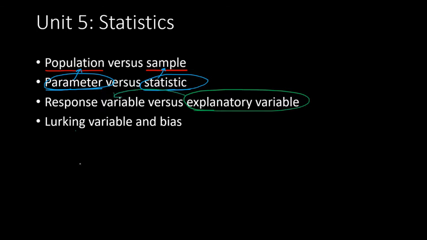Now there could also be lurking variables and bias. I think we know what bias is. It's something that's making an experiment unfair. A lurking variable is a variable that I didn't take into account, that I should have controlled, but I didn't. For example, maybe I am looking at, if we're still talking about grades.